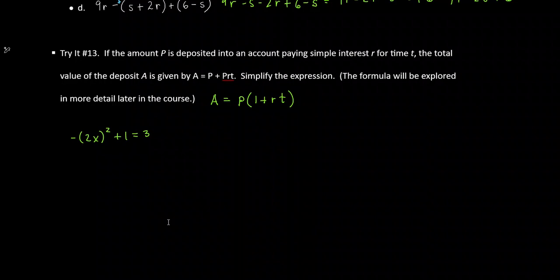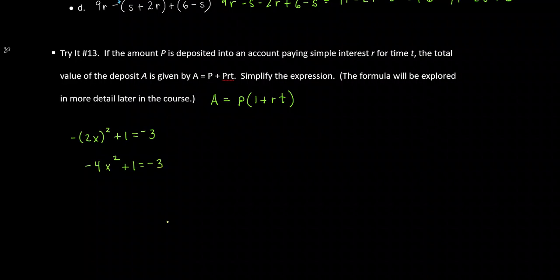So change this to a negative 3. And to solve this, you square the -2 and the x, so you get -2 squared is 4, and then x squared is x squared, plus 1 equals negative 3.